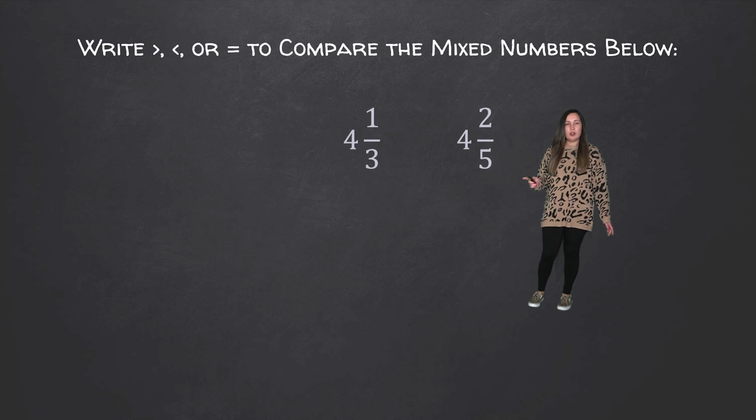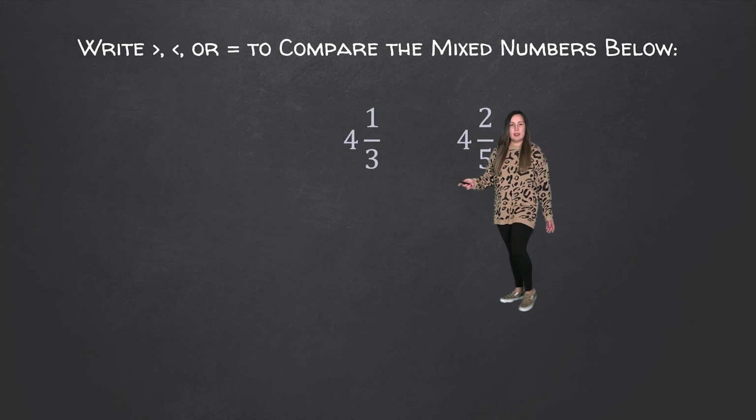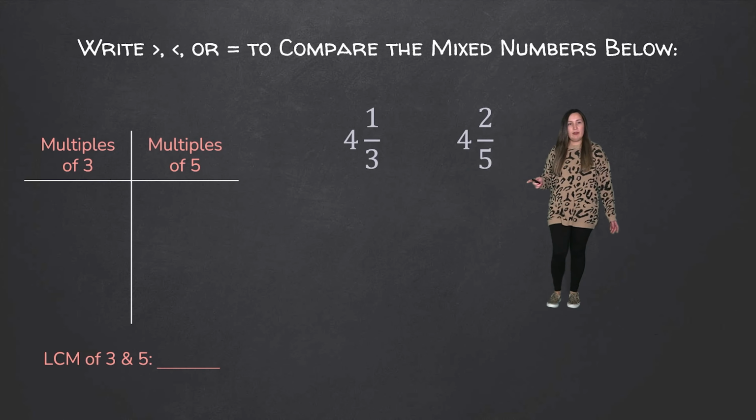Now, this is harder to compare because our denominators are different, so we're going to rewrite equivalent mixed numbers that have the same denominators to make it easier to compare. Meaning, we have to find the least common multiple between our denominators, which are 3 and 5. So, in order to find the least common multiple, we have to find the multiples of each.